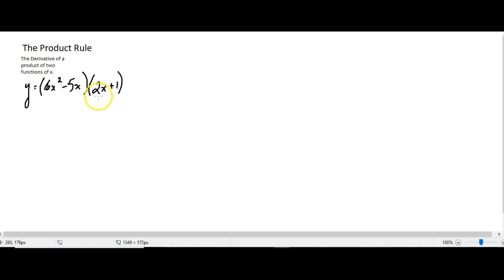But it will be useful later on to use the product rule for other types of functions, and so it's a really good idea that you practice the product rule right now and get used to it. So let's have a look at the product rule.